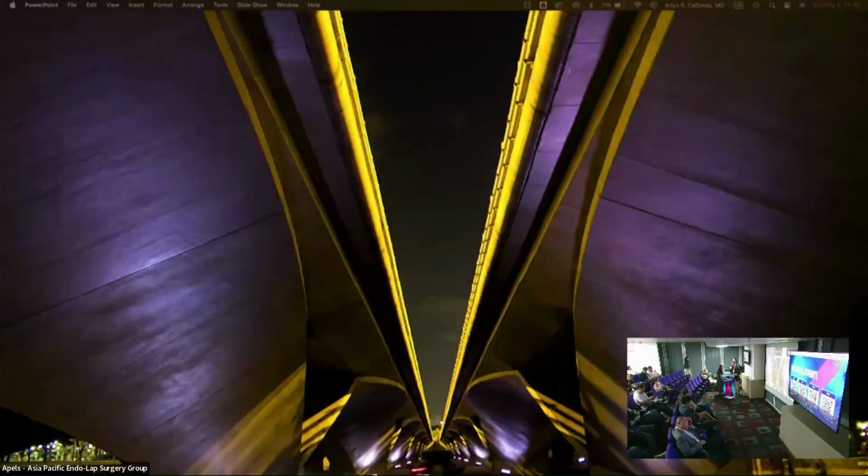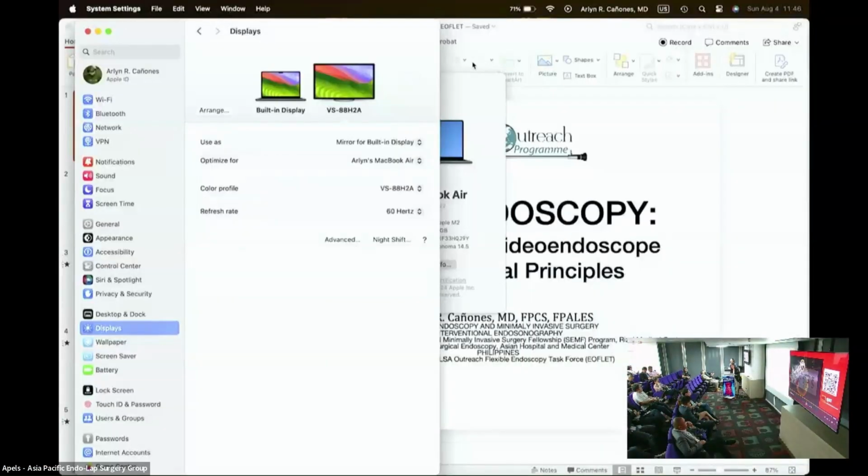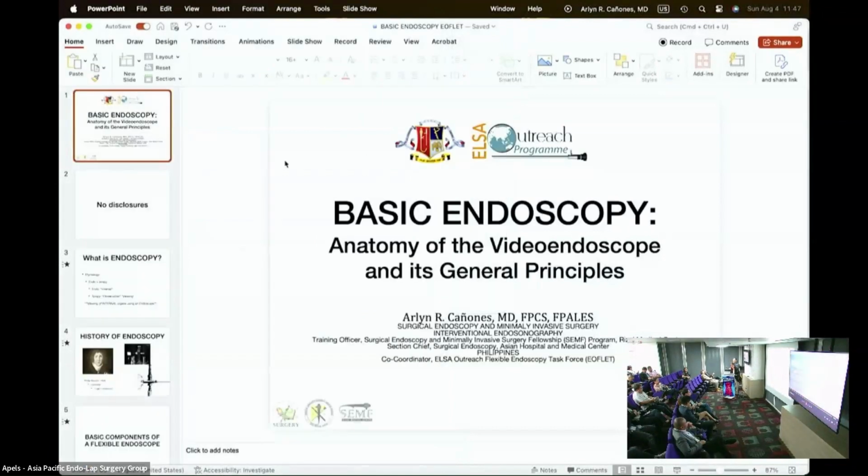She's an assistant professor in the La Salle Medical and Health Science Institute, Department of Health Informatics, and the Department of Surgery in Dasmariñas, Cavite, an active professional staff and the section chief at the Asian Hospital and Medical Center section of Surgical Endoscopy in Alabang, the co-director of ELSA Outreach Program Flexible Endoscopy Task Force, and a member of the Asian EUS group. She will be giving a lecture on the principles of endoscopy. So, ladies and gentlemen, please welcome Dr. Arlyn R. Cañones.